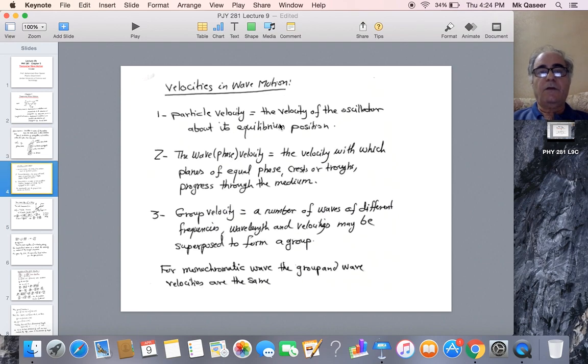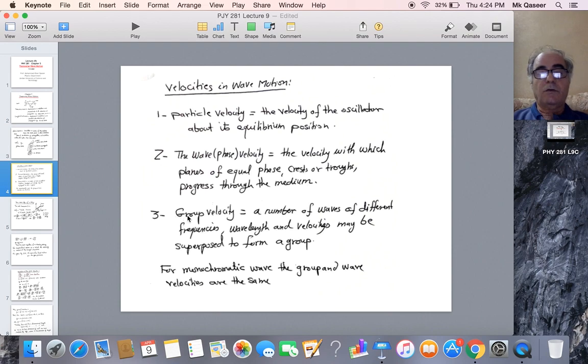Now let's define what do we mean by velocities in wave motion. The first term is the particle velocity, which is the velocity of the oscillator about its equilibrium position. The second is the wave or the phase velocity, which is the velocity with which planes of equal phases or crests or troughs progress through the medium.